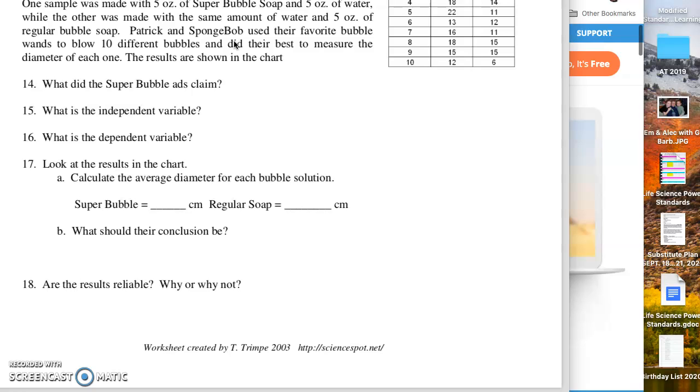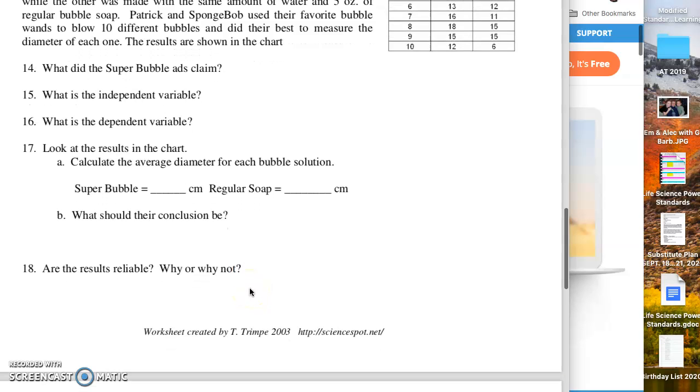Those types of things are adding extra variables, extra things that can cause change. And remember, in a scientific method experiment, we only want to change or test one variable at a time. So those would be something that you would talk about in are the results reliable? Why or why not?